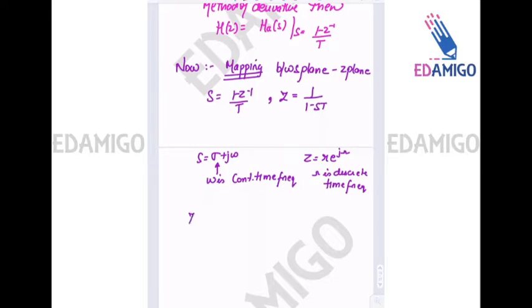So z is equal to 1 upon (1 minus (sigma plus j omega) into capital T).